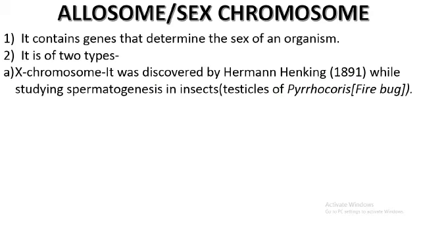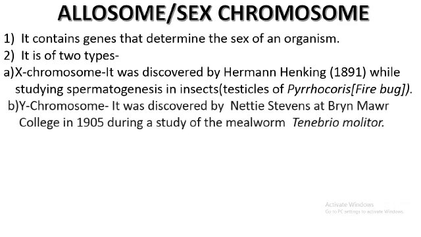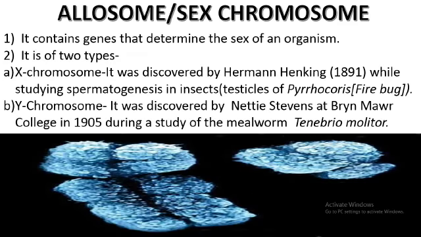The X chromosome was discovered by Henking in 1891 while studying spermatogenesis in insects, the firebug, Pyrrhocoris. Likewise, the second type of allosome is the Y chromosome.